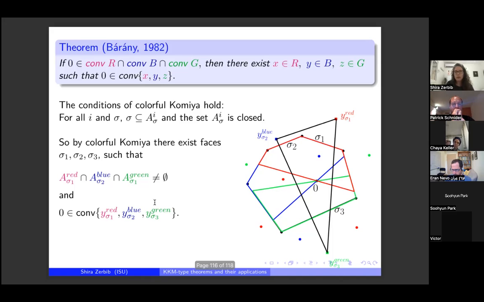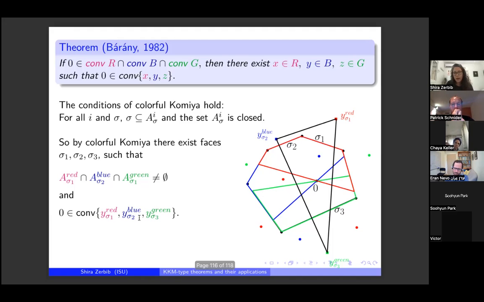So note that if I knew that all these points, Y sigma 1, Y sigma 2, Y sigma 3, are the original red, blue, green points from the sets that I'm given, then I'm done, right? This is what I wanted to prove.